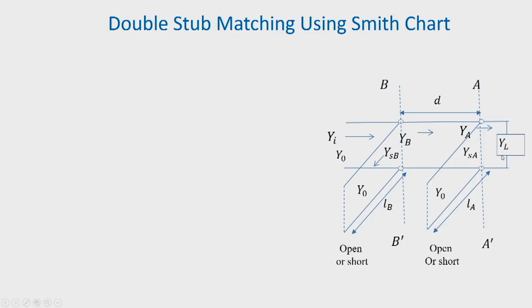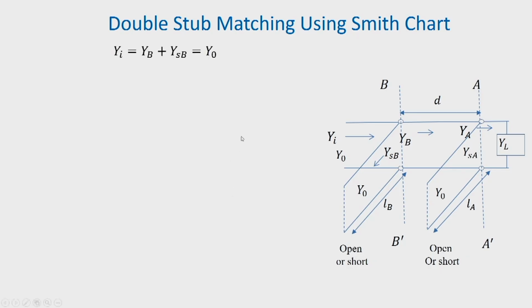As shown in the figure, YL is the load admittance which has been transformed to the location of the first stub, and the two stubs are connected, separated by a distance d. We have the reference locations A dash and B dash at the location of the two stubs.